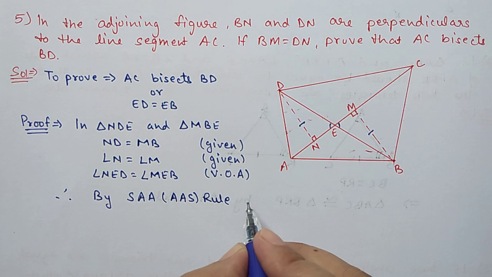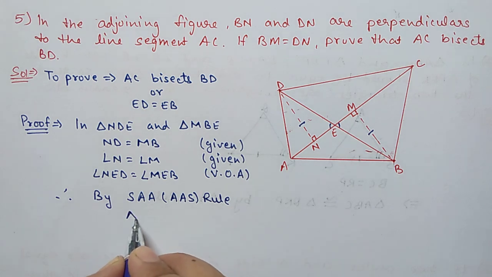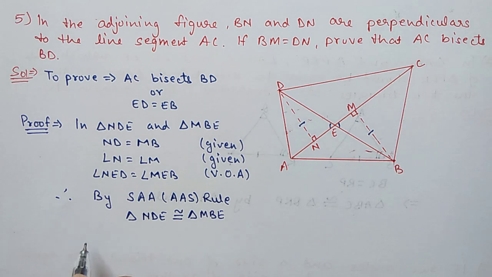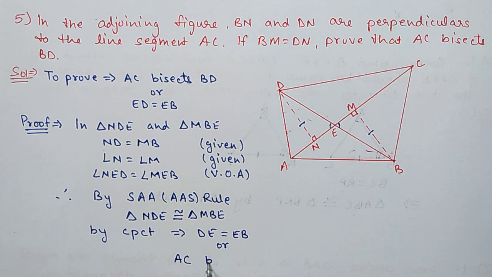So triangle NDE is congruent to triangle MBE. If these two triangles are congruent, then by CPCT the rest of the sides will be equal, so we can say DE is equal to EB, or we can say AC bisects BD.